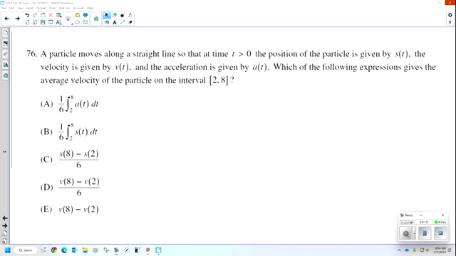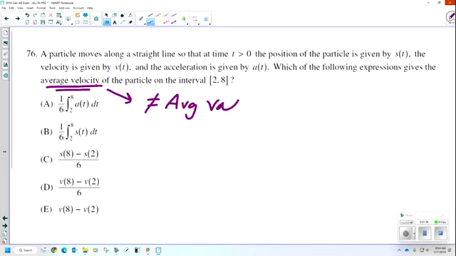But I tell you what, I almost made a mistake when I first read this problem, and I'm going to point out what I almost made the mistake about. Average velocity. I get my mind so wrapped around average value. Okay, average velocity in this case does not equal average value.